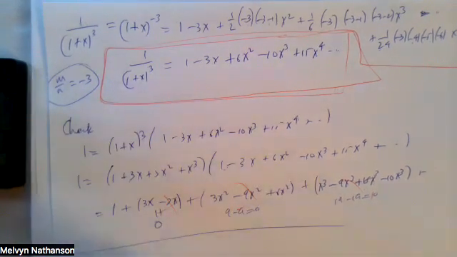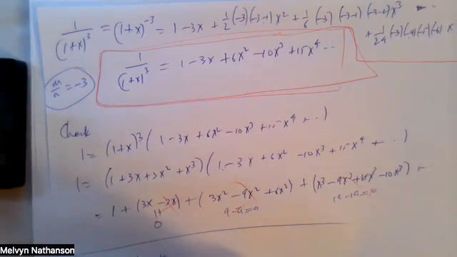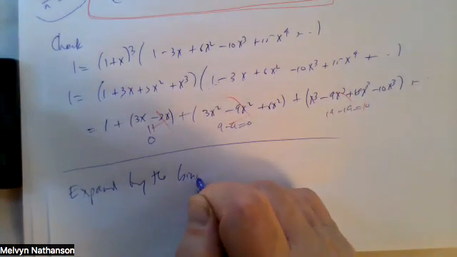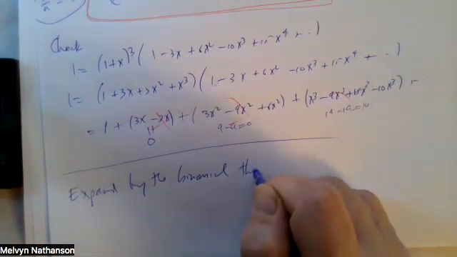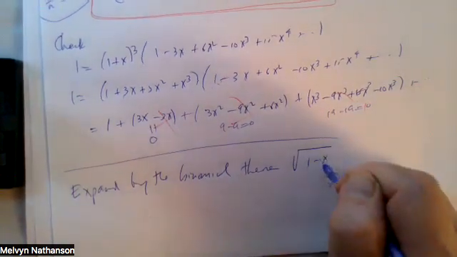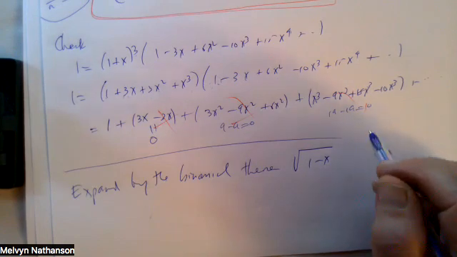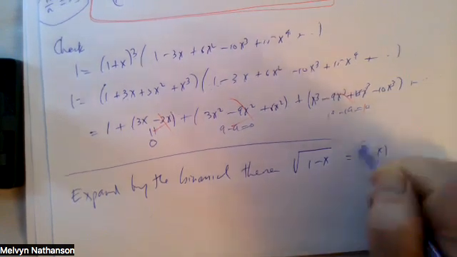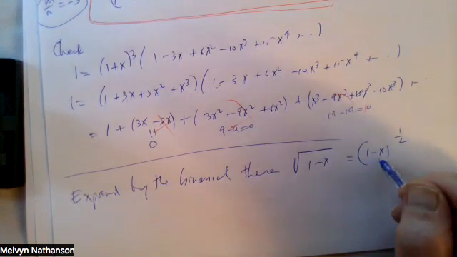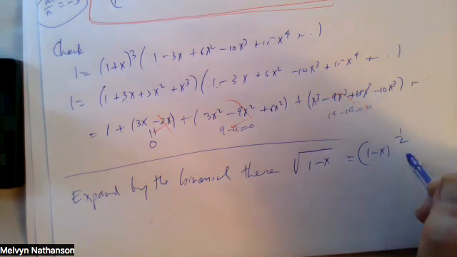Let's try another case. Suppose we want to expand by the binomial theorem the square root of 1 minus x. So x less than 1, certainly, but this is 1 minus x to the power of half. So this is 1 plus something. The something is minus x, to the power of half.